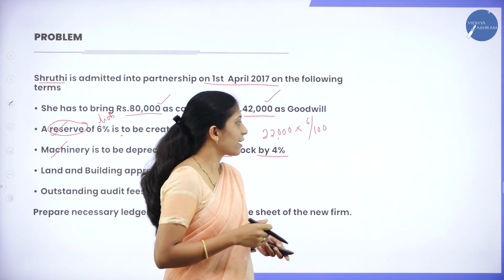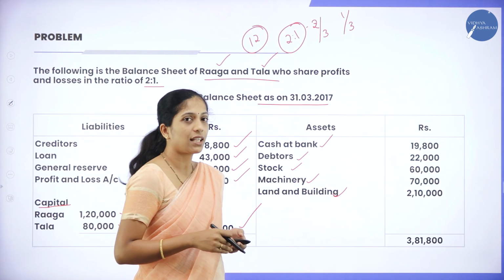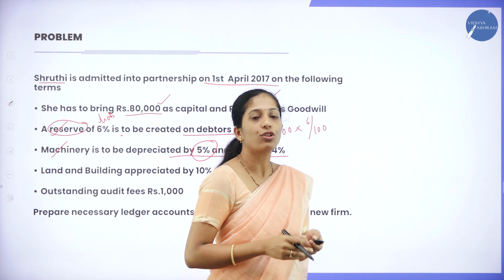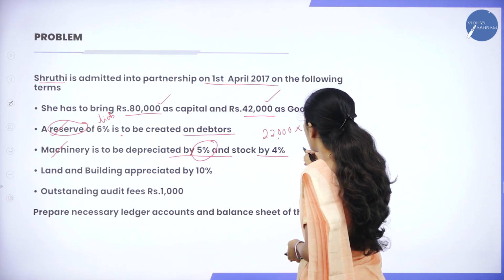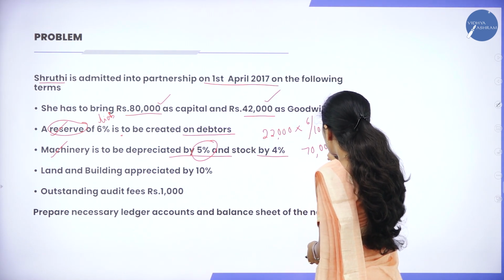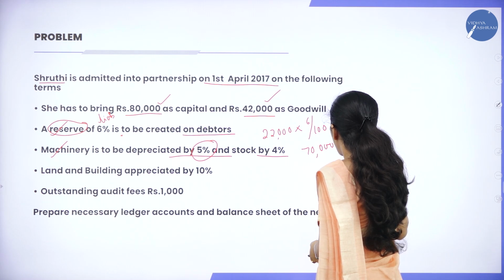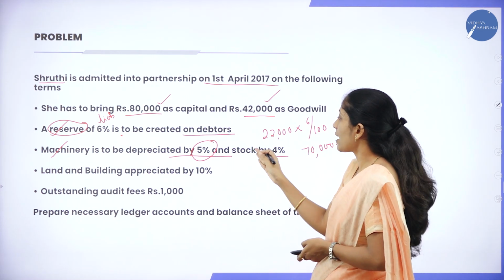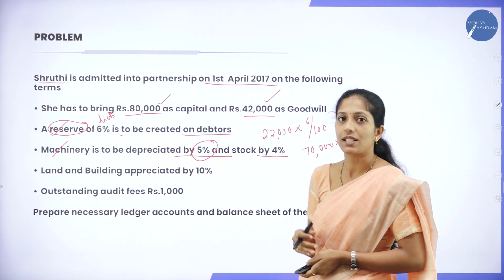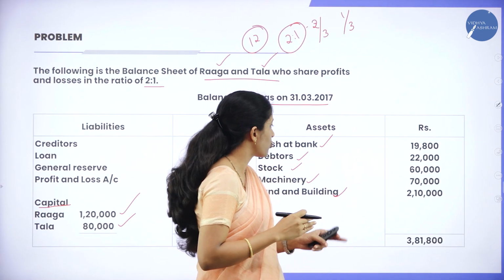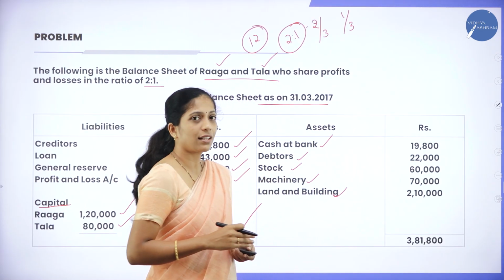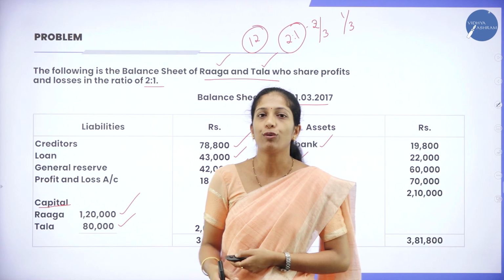Now how to calculate? If you see the value of machinery 70,000. So depreciation on machinery is 70,000 into 5 divided by 100. In the same way, stock they have given 4%. Now what is the value of stock in the balance sheet? Stock is 60,000. So 60,000 into 4%.